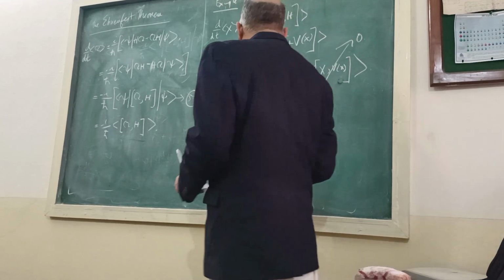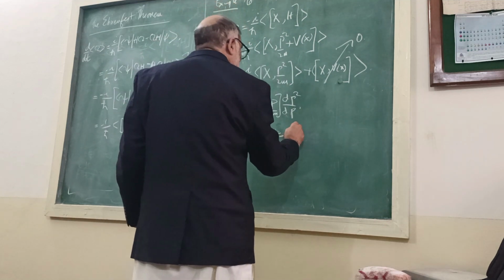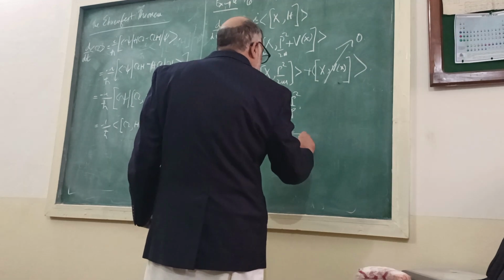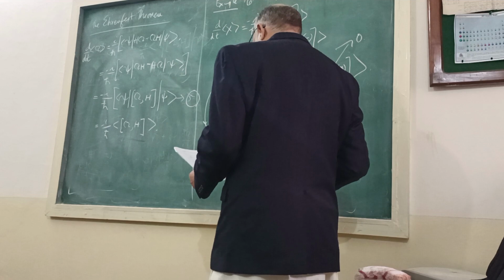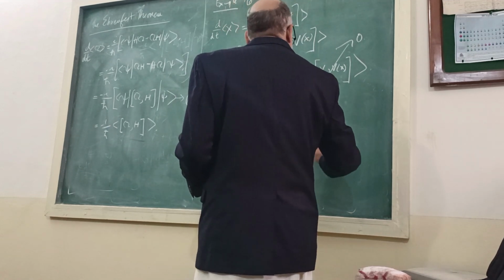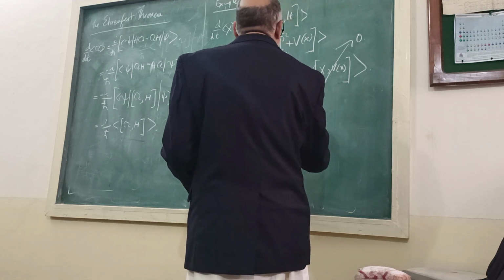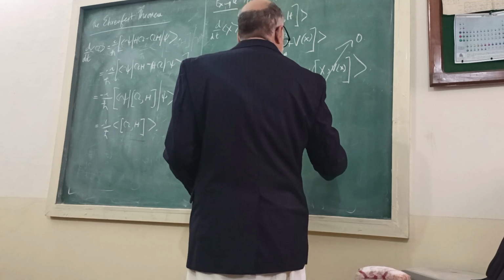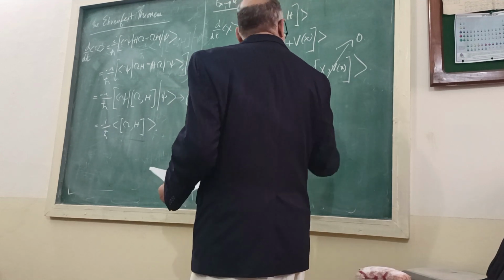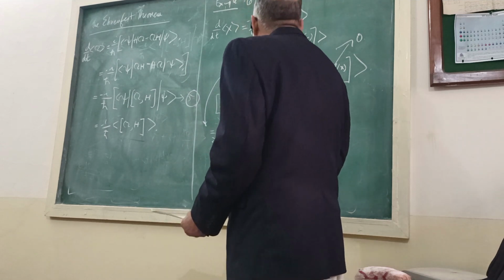Now 2 goes with 2, and that will be equal to minus i by 2m h cut and p, right? What will be the value of the commutator of x and p?